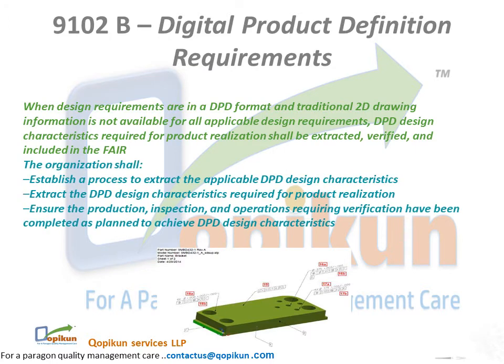The organization shall establish a process to extract the applicable DPD design characteristics. Ensure the production, inspection, and operations requiring verification have been completed as planned to achieve DPD design characteristics.